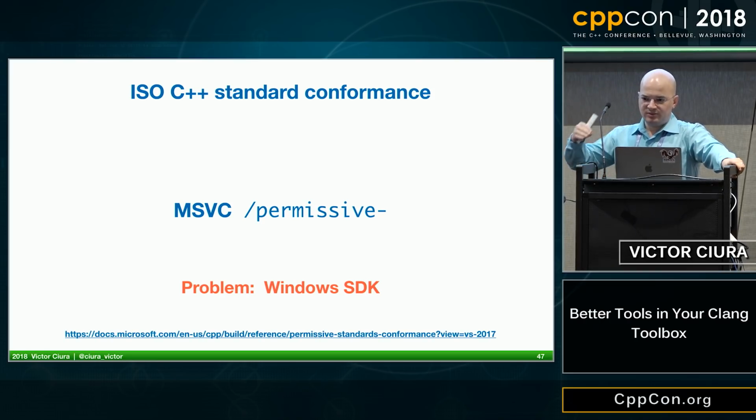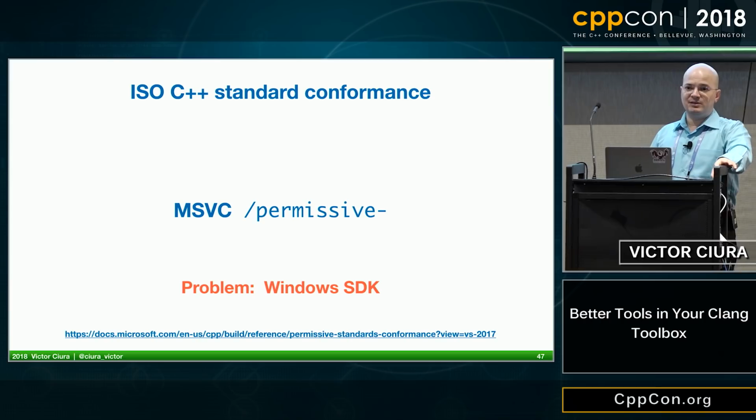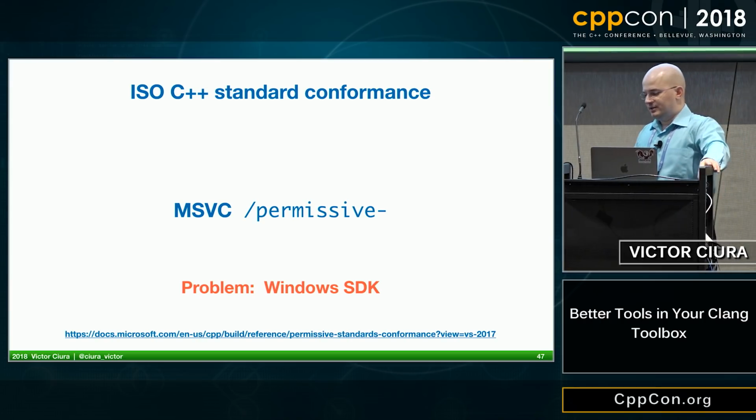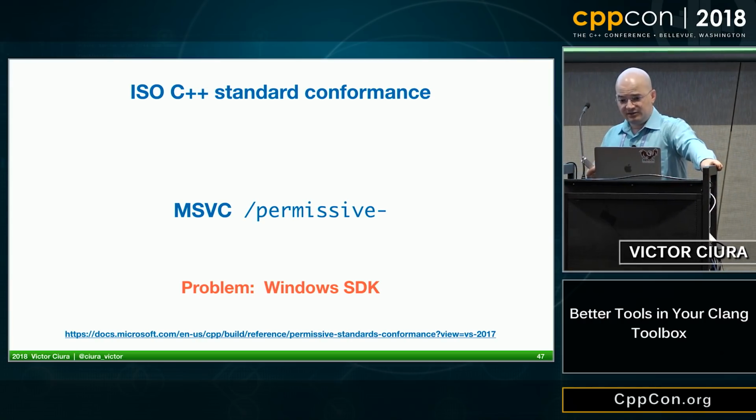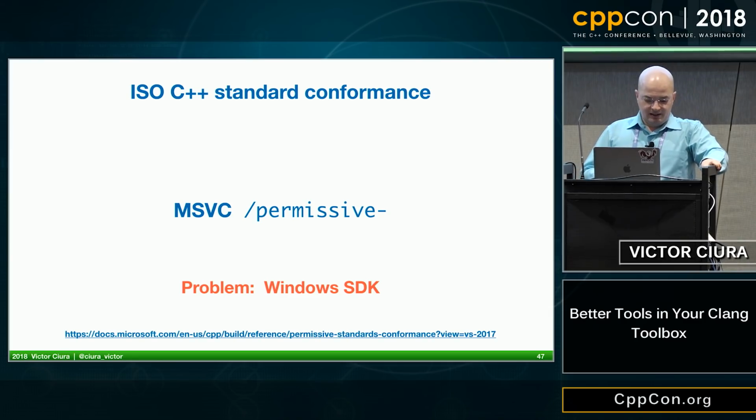And at each upgrade, 5.0, 6.0, 7.0 now, new warning classes were triggered on by default, and we're actually using WAll in Clang as the default for our builds. And we don't enable any Microsoft-specific Clang flags, except for the preprocessor.